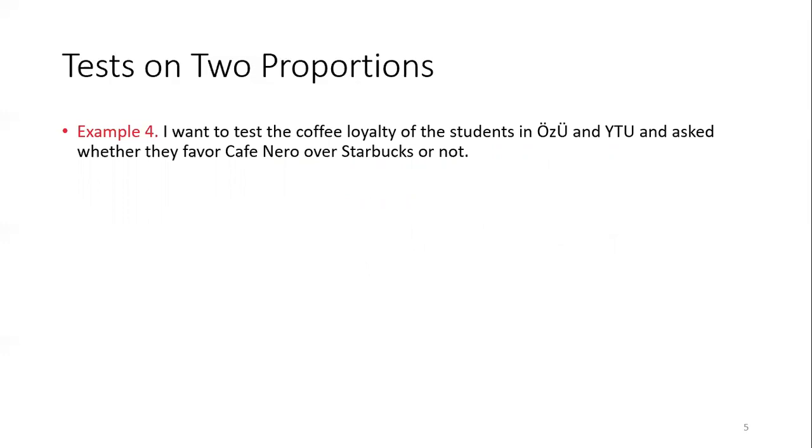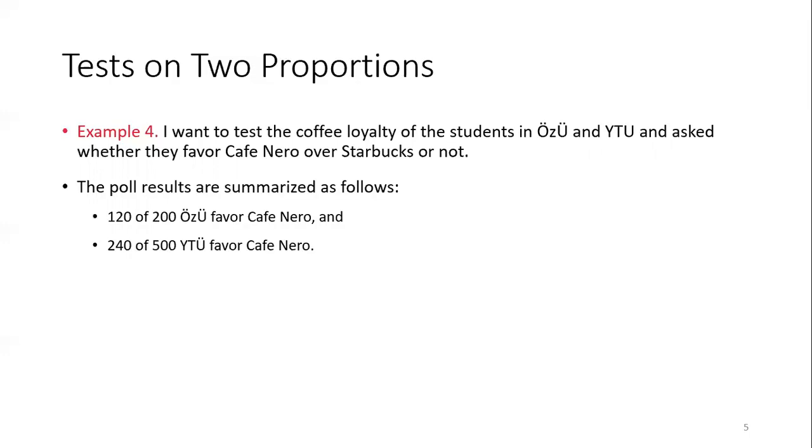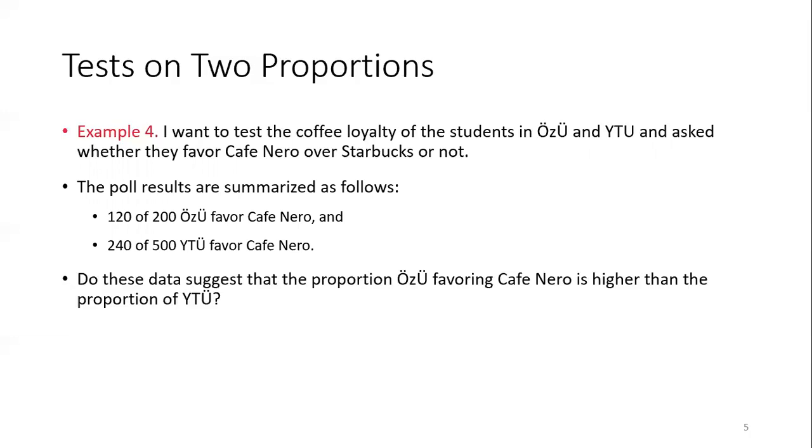Now, let's make an example. I just want to test the coffee loyalty of the students in Özyeğin University and Yıldız Technical University. I asked them whether they favor Cafe Nero over Starbucks or not. So 120 of 200 students in Özyeğin University favor Cafe Nero, and 240 students out of 500 in Yıldız favor Cafe Nero.